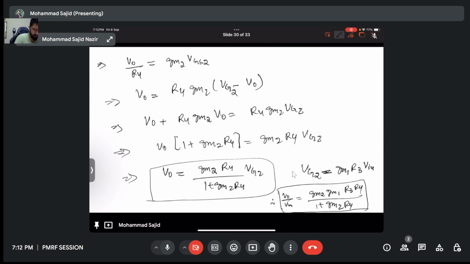This will be your final answer. For simple values, you can just calculate it. Okay, and for a cascade system, we can always use this formula: gain as AV1 multiplied by AV2.